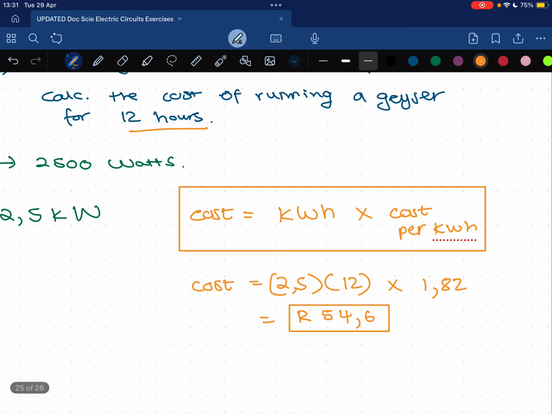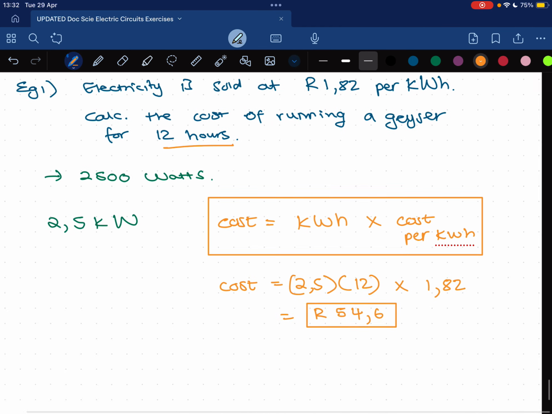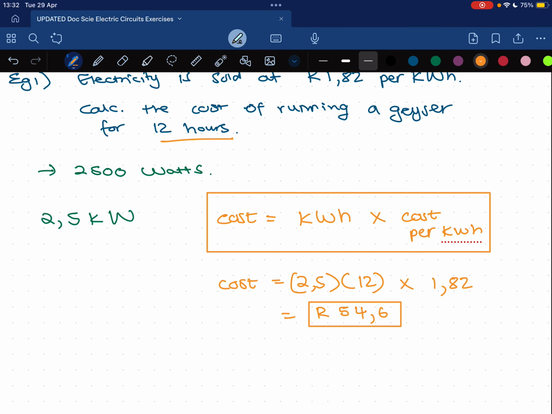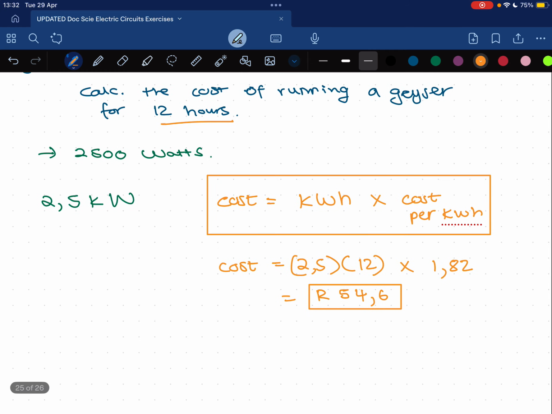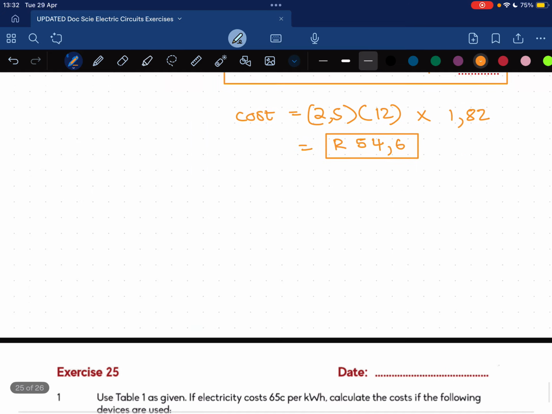Obviously that's because the geyser doesn't necessarily run at the full power of 2,500 watts for that full amount of time. It switches off as you go. But if it was running at the full 2,500 watts for 12 hours, that's how much Rand we would pay.